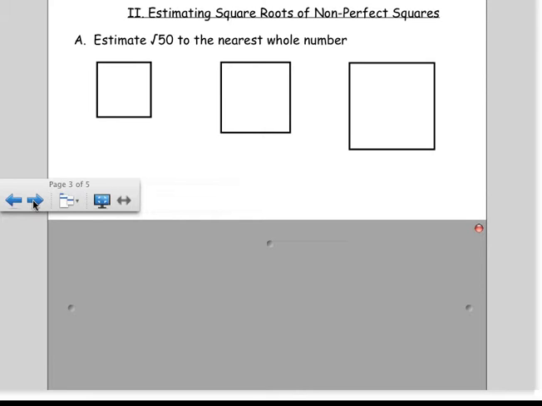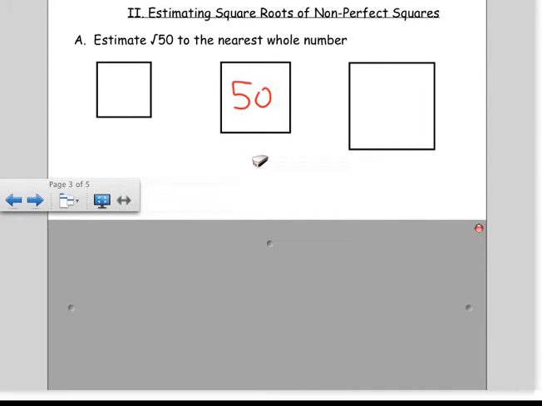So again, I'm trying to find the square root of 50. The problem with that is it's not a perfect square. If I try some numbers, 7 times 7 would be 49, that would be too small. 8 times 8 would be 64. That'd be too big. So the square root of 50 is not going to be a whole number. We're going to need to estimate.